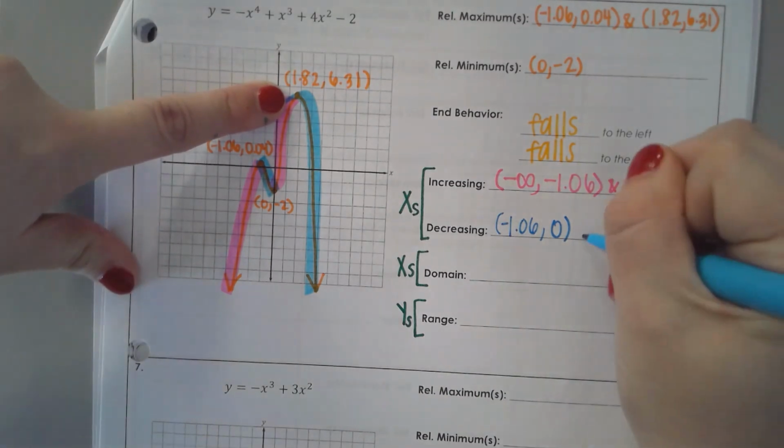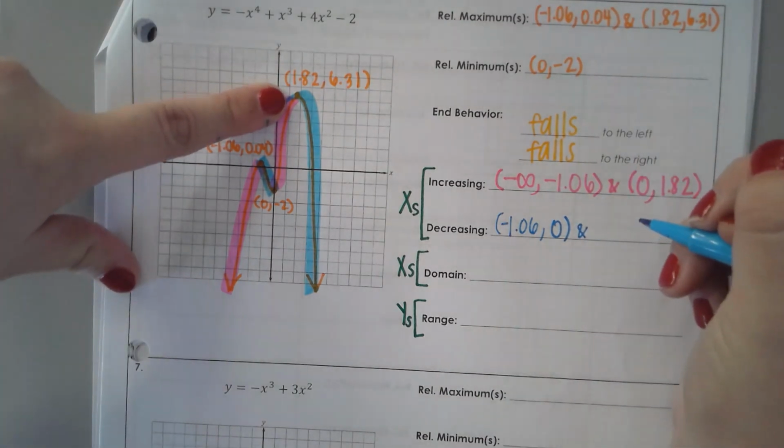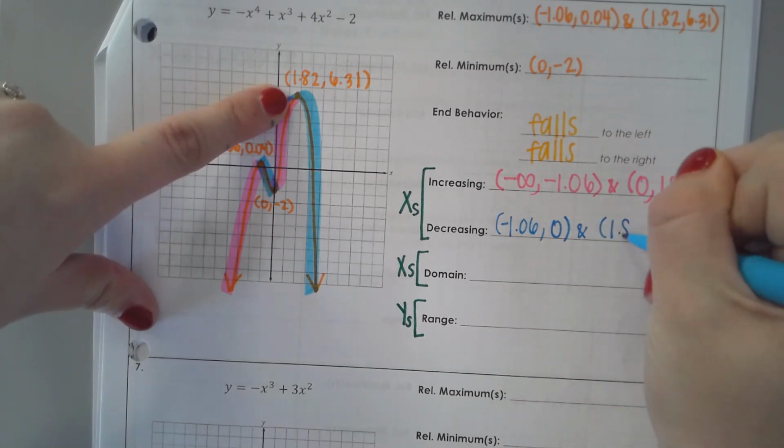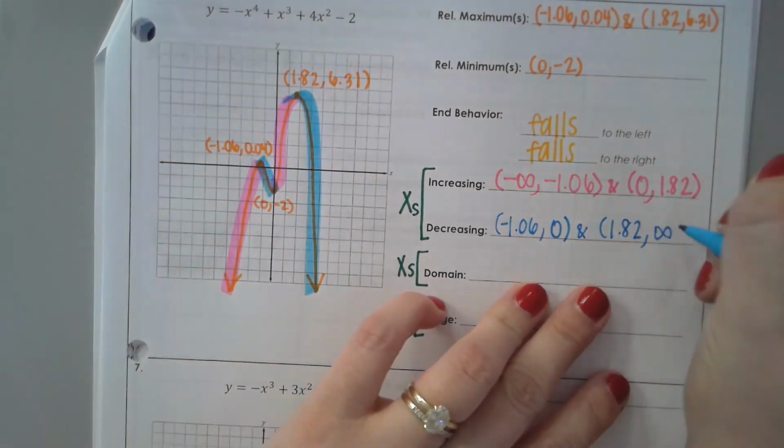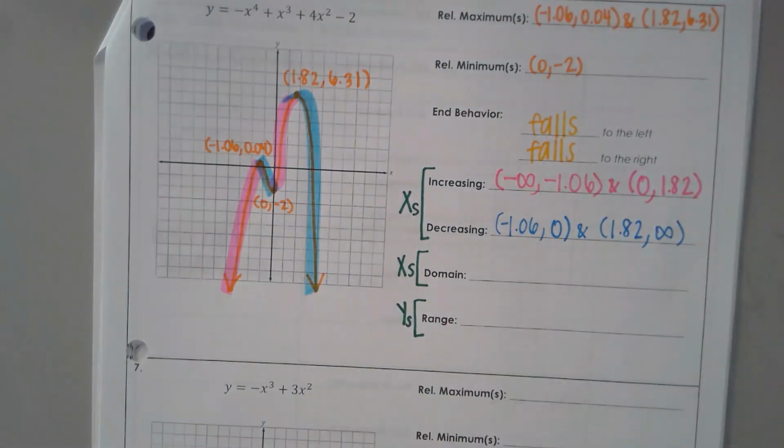And then I switch back to decreasing. I'm still at 1.82, and I decrease to infinity forever. Are there any questions on that?